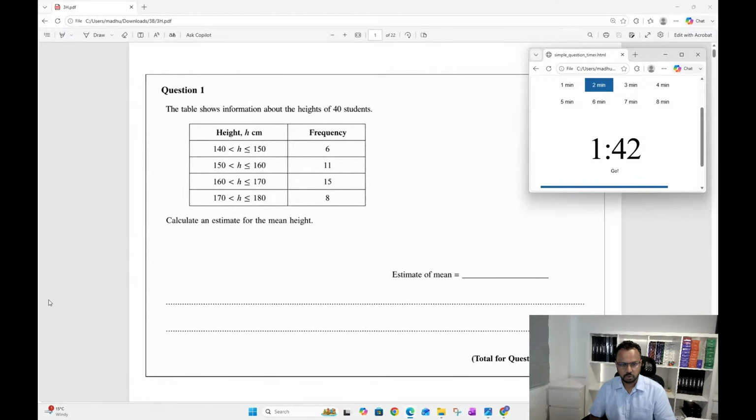Can somebody let me know in the chat? Good. Thank you, Anudhi. Thank you, Shritika, Sarah. Thank you, Pavanaj. Thank you, Nick. This one is 3 marks, by the way. So you guys can try it, then I'm going to do it, and then we'll take it from there.